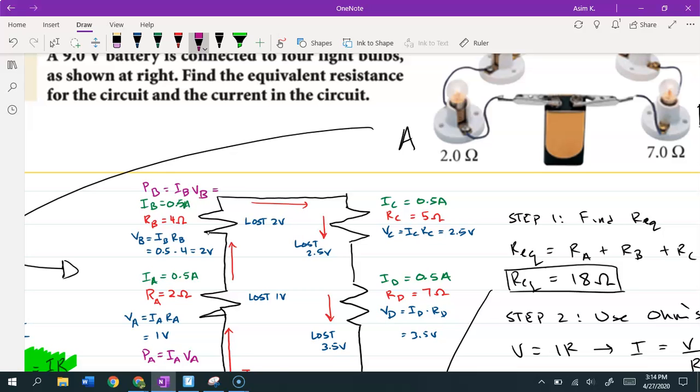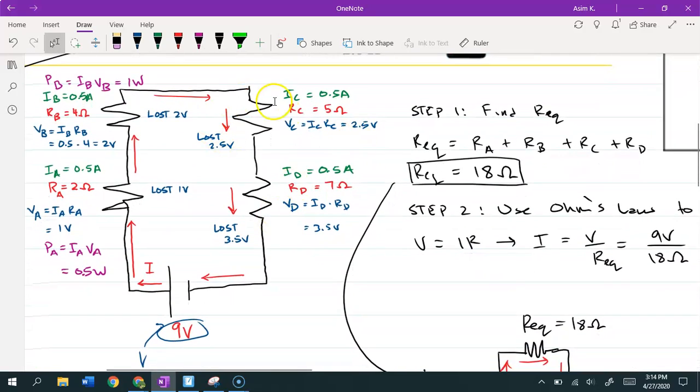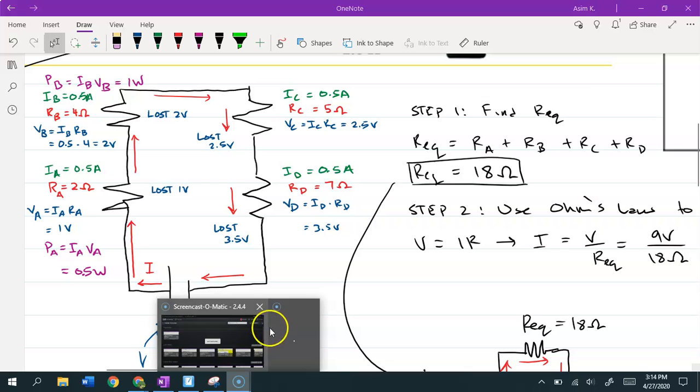And so that is going to be 0.5 times 2, which gives you a little bit higher, so this is 1 watt. That's 1 watt of power that bulb is receiving. And like this, you can continue through that circuit and just multiply I and V for each one of them.